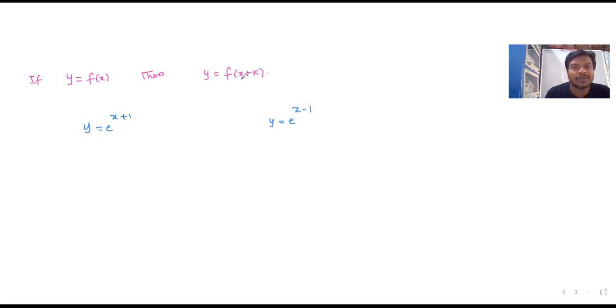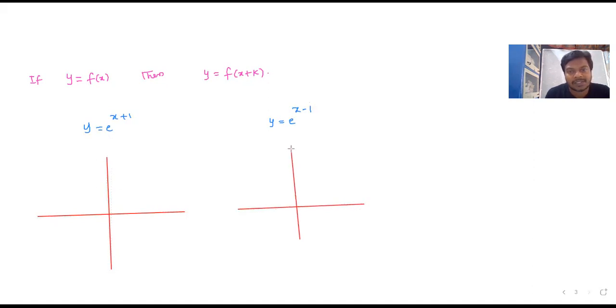For input, we are adding k units, right? So that the graph of e power x plus 1 and graph of e power x minus 1, if you see, first we have to draw the graph of e power x, okay?